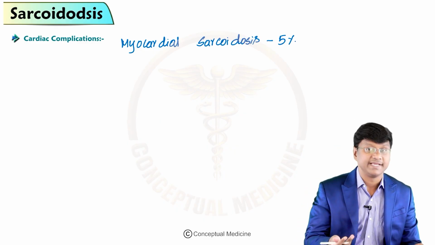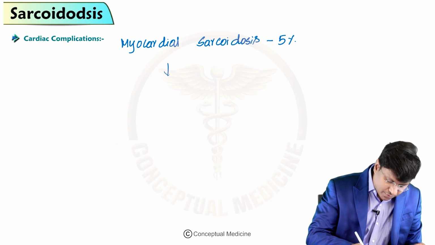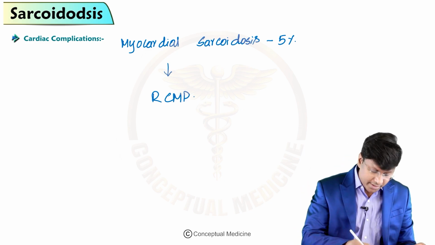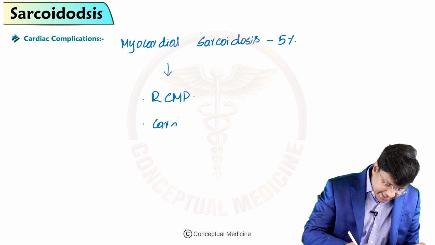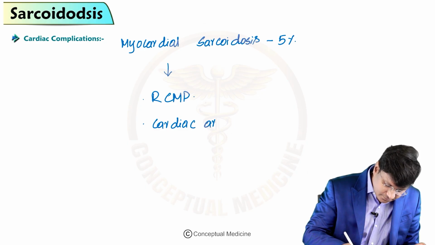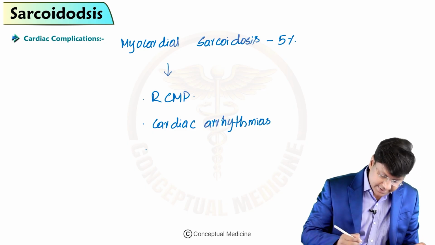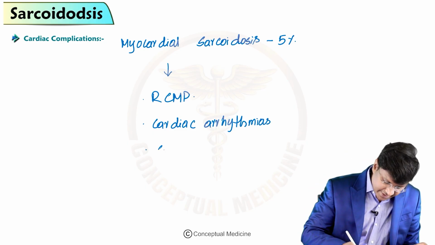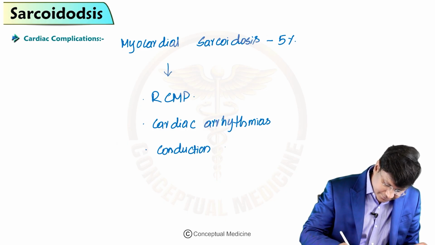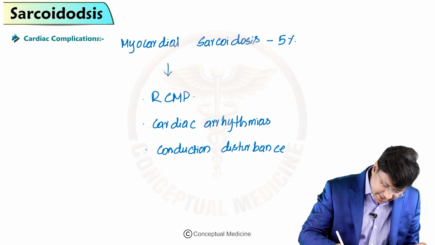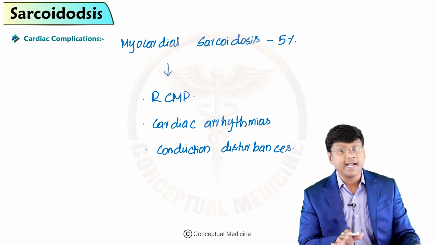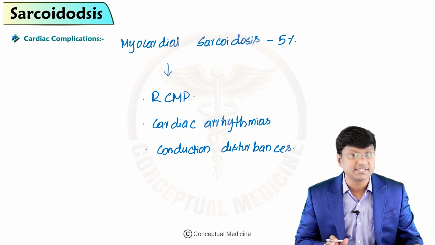And sometimes this will also lead to the development of restrictive cardiomyopathy, or there can be development of cardiac arrhythmias, and next there can be even conduction disturbances. So these are the cardiac complications that you will have in patients with sarcoidosis.